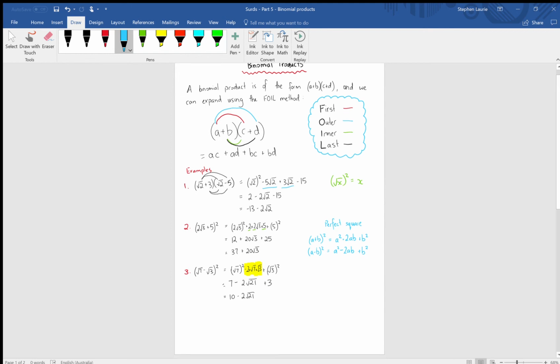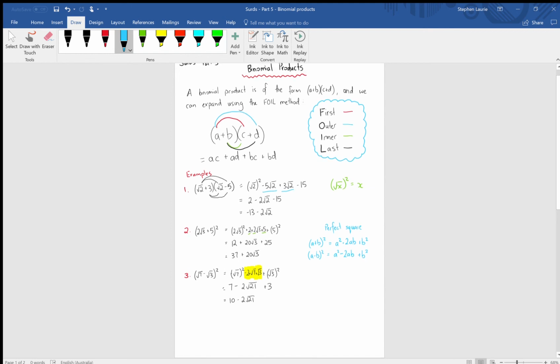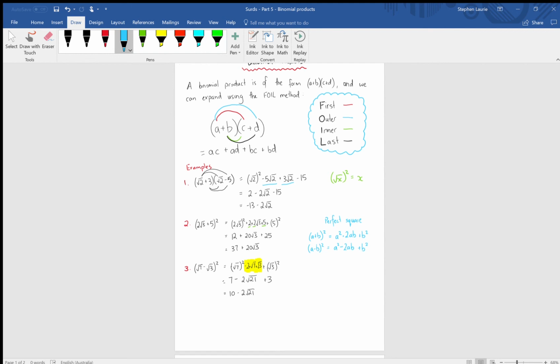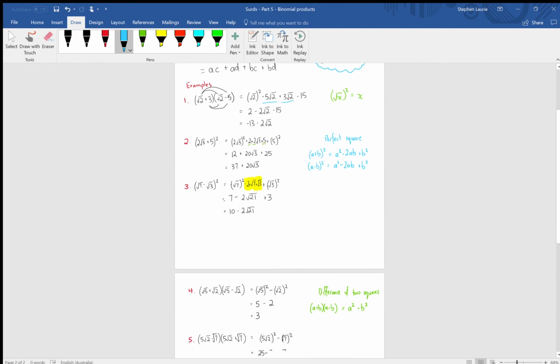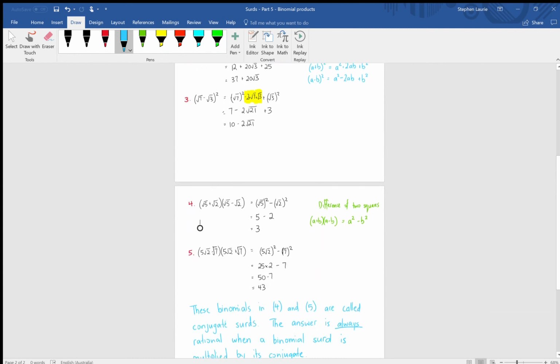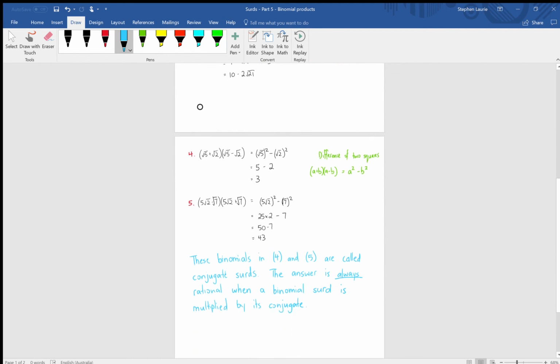Using some of the rules that we've learnt so far in the surds topic, we can see that something like the square root of 2 all squared is just 2, and we can collect like terms and simplify. We can also apply the perfect square rule and the difference of 2 squares. When we have a difference of 2 squares, we're really looking at one binomial multiplied by its conjugate. And when we have that, the answer is always rational.